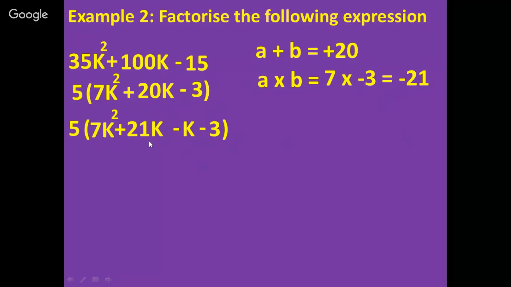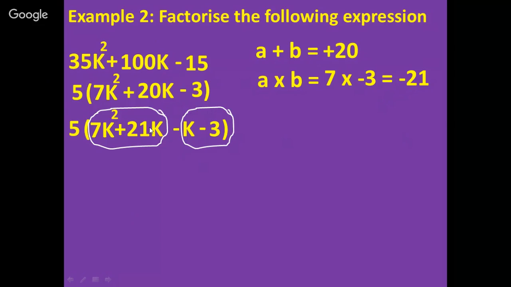So we can group. This is the first group. This is the second group. So what can we factor out of this first group? Very easy. We can factor out 7k from here. Both these terms are divisible by 7k.